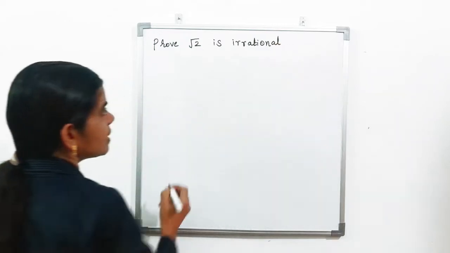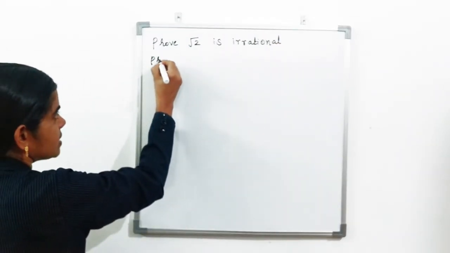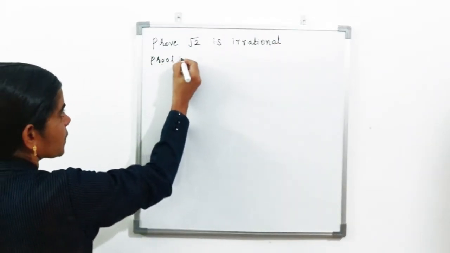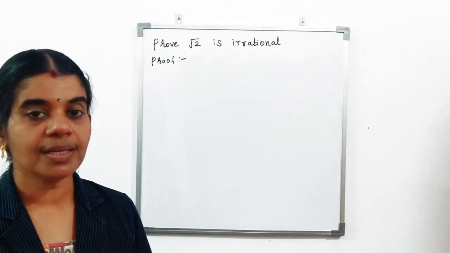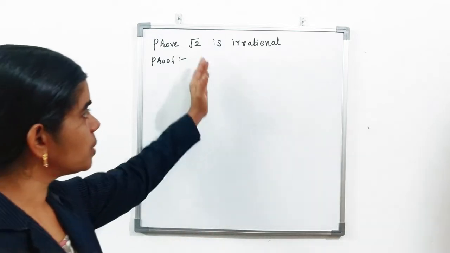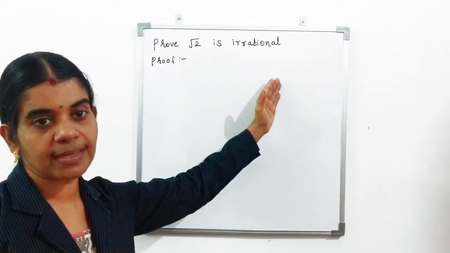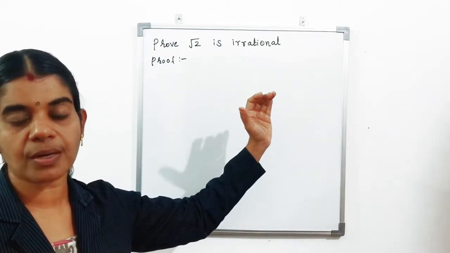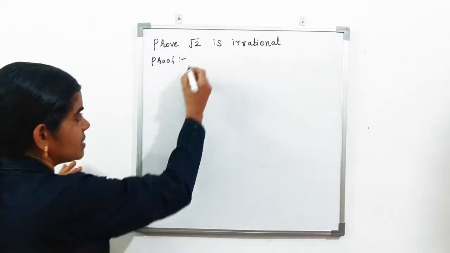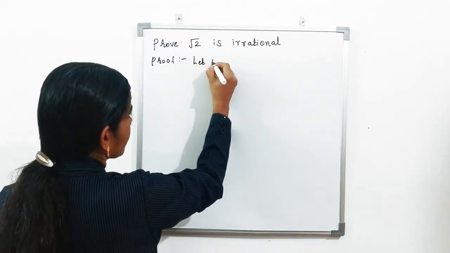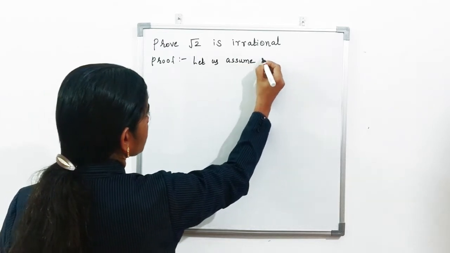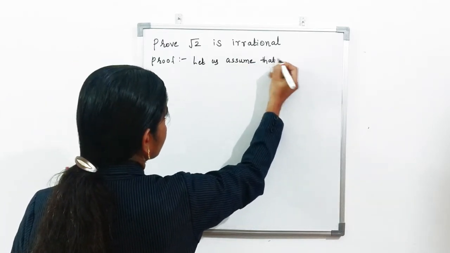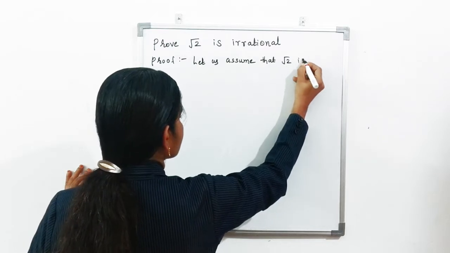We are writing the proof. As I already told, we are proving this by the contradiction method. First we will assume that root 2 is rational. Let us assume that root 2 is rational.